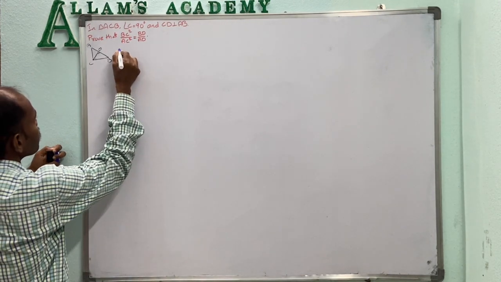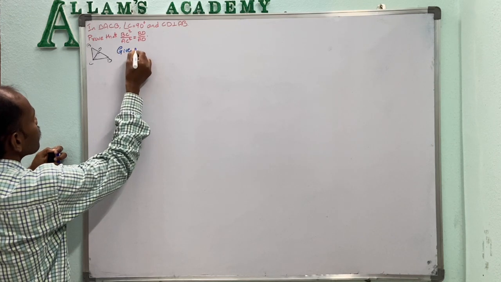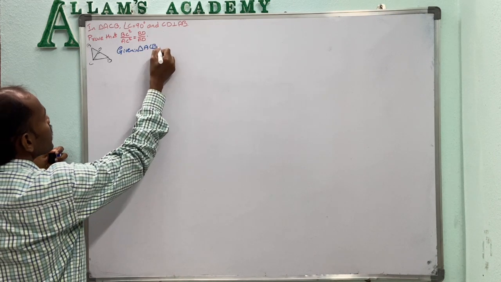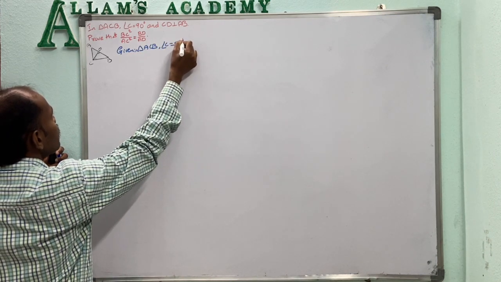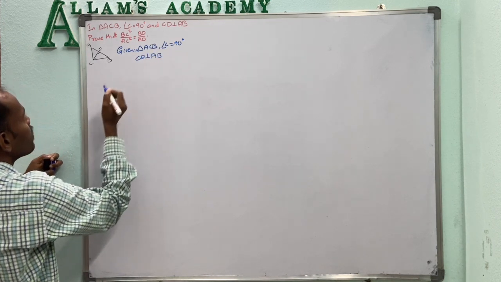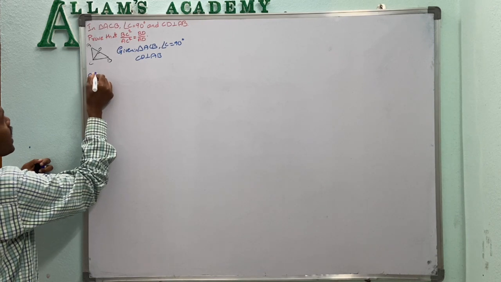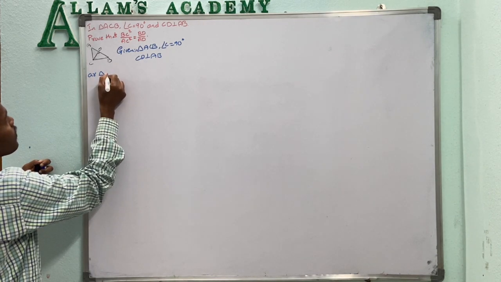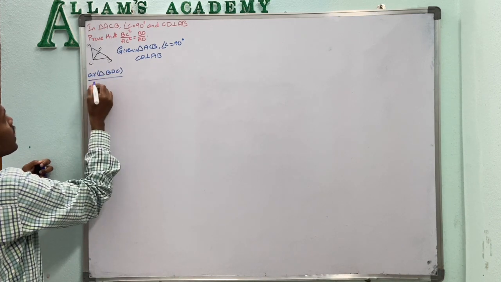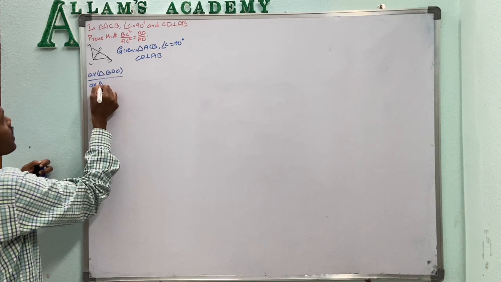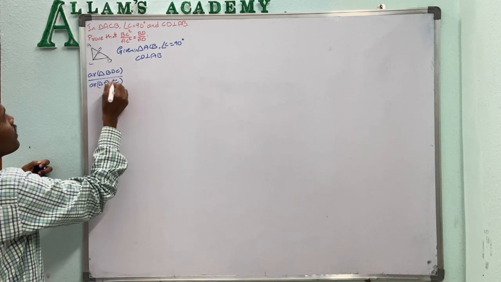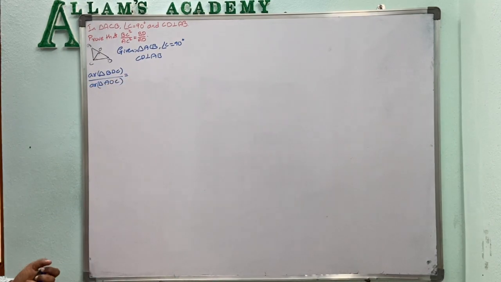Given: in triangle ACB angle C equals 90 degrees, CD is perpendicular to AB, and now the area of triangle BDC by the area of triangle ADC equals.